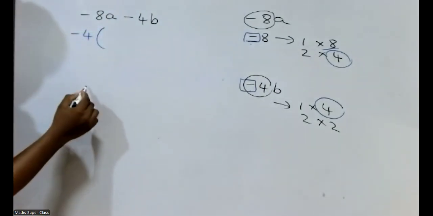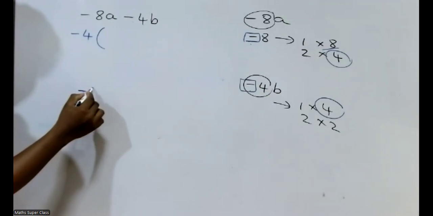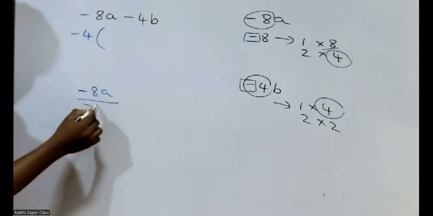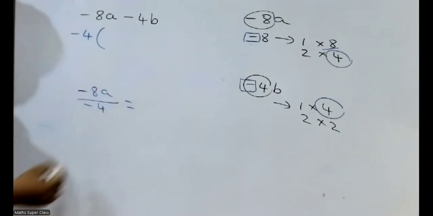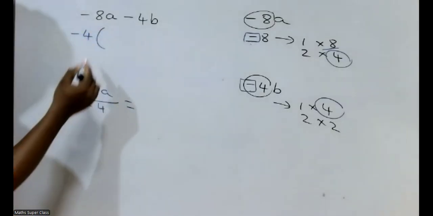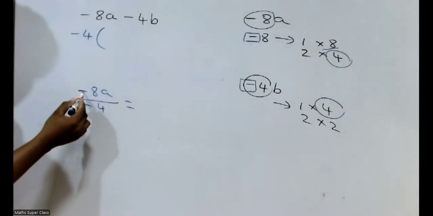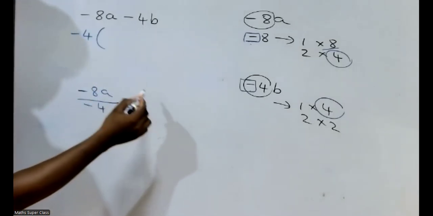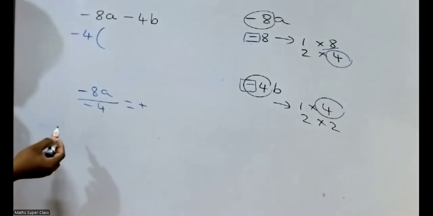Then minus 8a divided by minus 4. Minus divided by minus is plus. Can you remember?